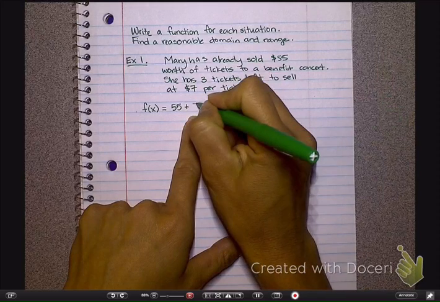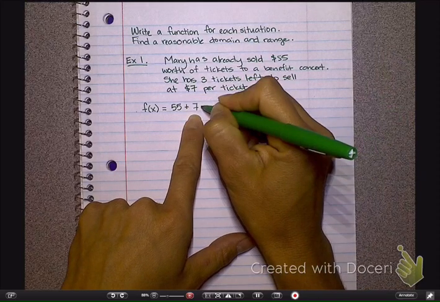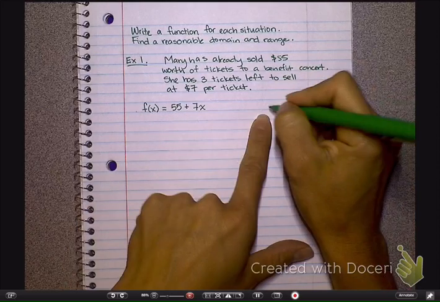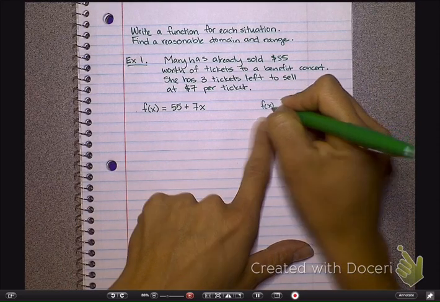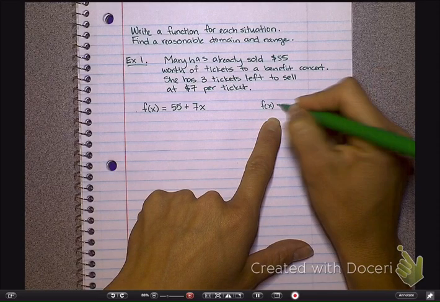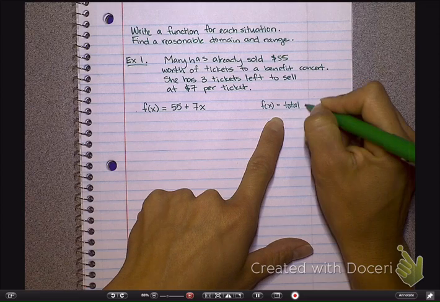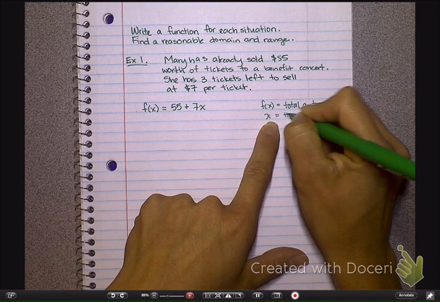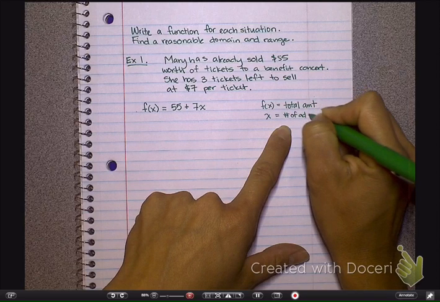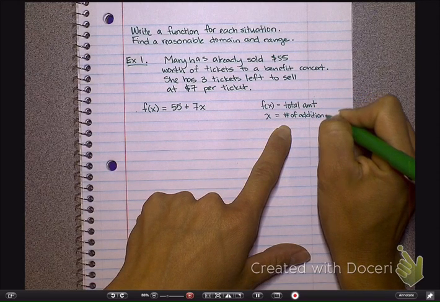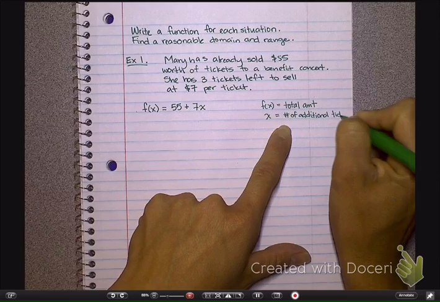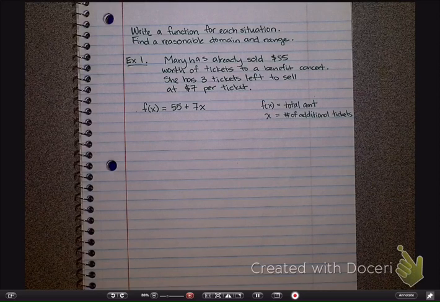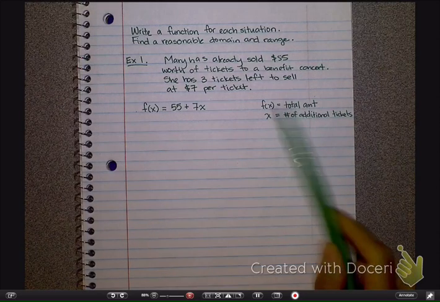So plus 7 per ticket, and I'm going to represent the number of tickets she's selling with x. Okay? So in here, f of x represents the total amount of money, and x represents the number of additional tickets she's selling. Does that make sense why those two things are representative of each of those?